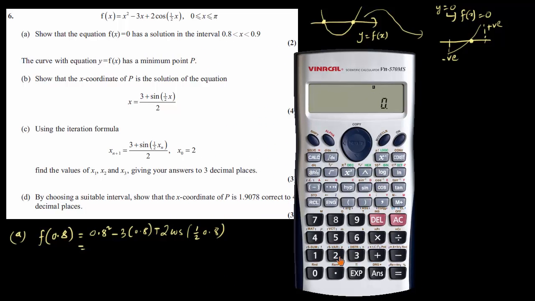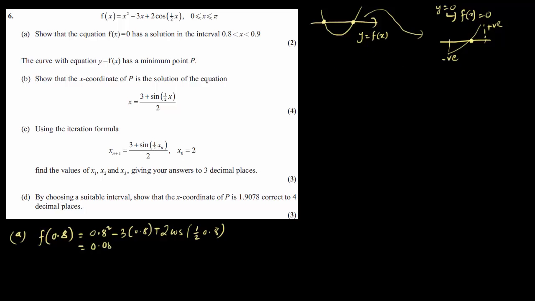Okay, now we can do this. So this is going to be 0.8 squared minus 3 into 0.8 plus 2 cos(0.8 by 2 is 0.4) and we get 0.08. 0.08 is positive.